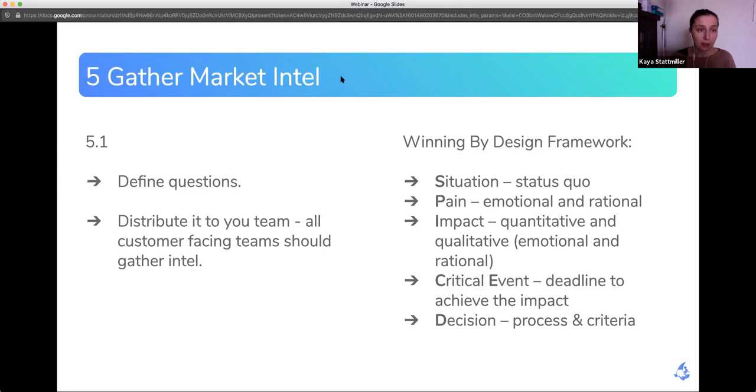The important piece here is that you need to define those questions and distribute them through your team, meaning that not only salespeople should ask those questions.